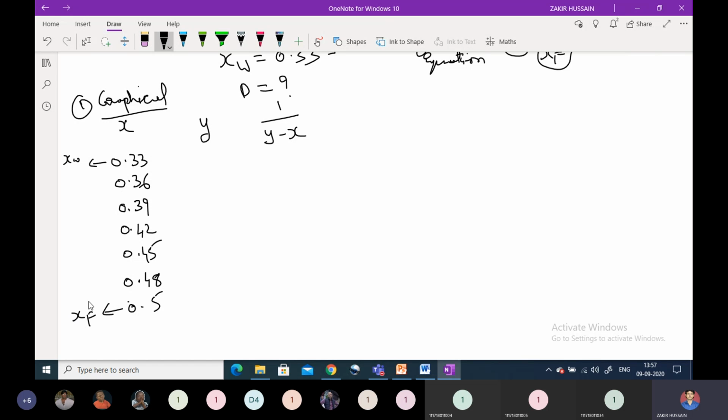So from XF to XW, we have to adjust the values.